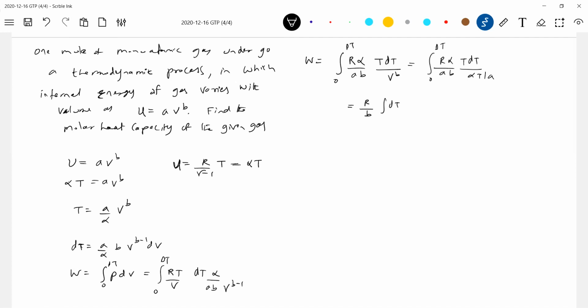I'll take it outside, from 0 to delta T. So the work done by the gas is R by B delta T. Let it be, no problem. Let's see in the end what we can do. So molar capacity C equal to Q by delta T, which is delta U plus W by delta T.